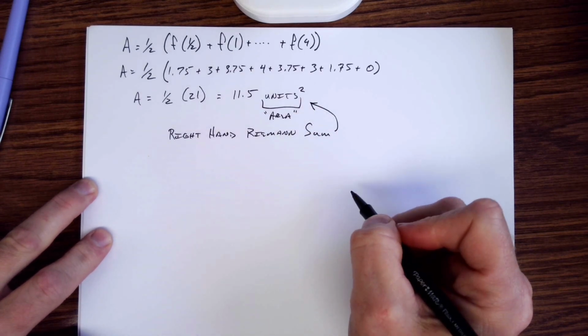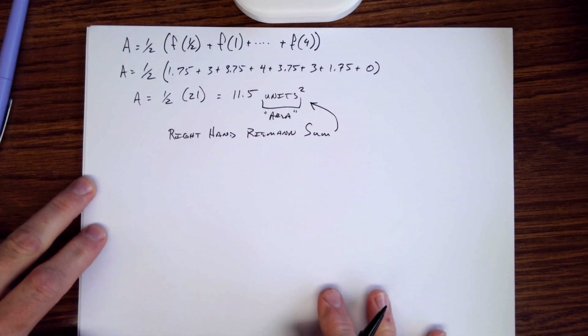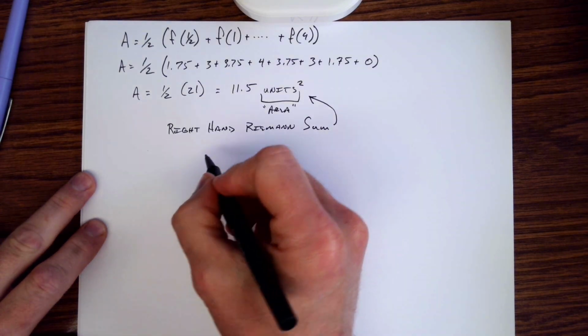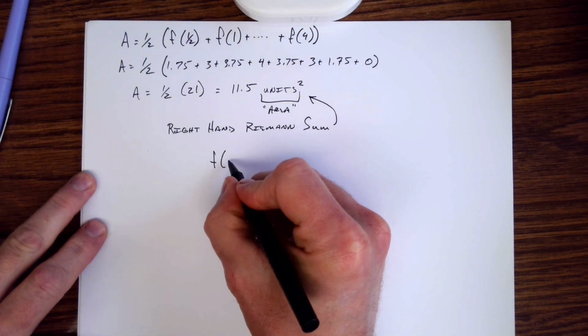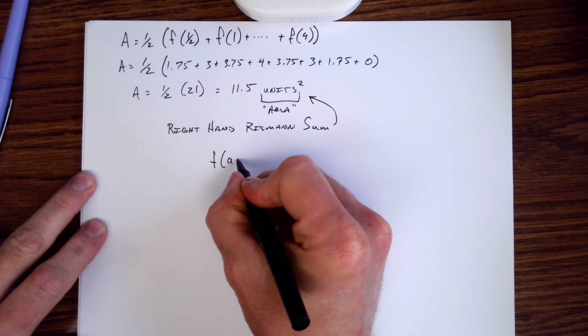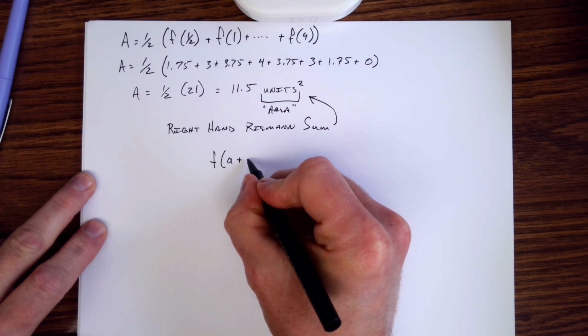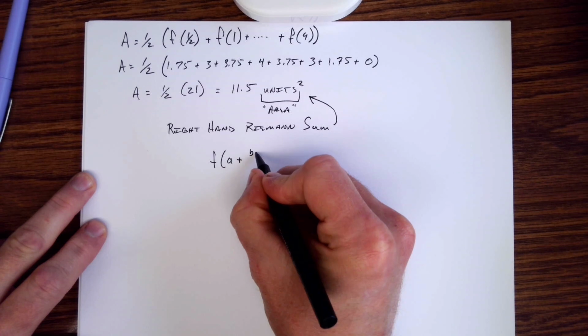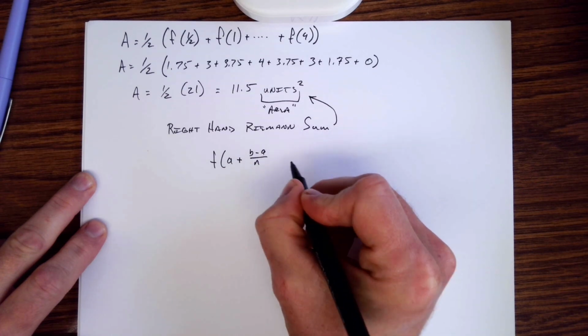That's what this is. Generically, what we did was f of the start value, which was a, plus the width, which we did as b minus a over the number of intervals.